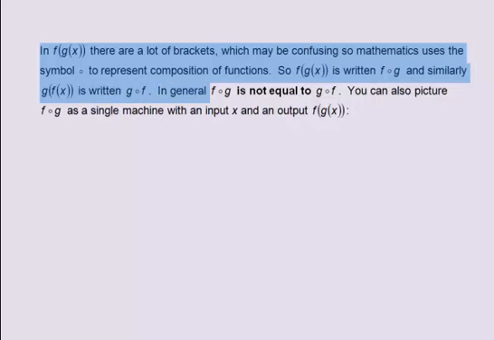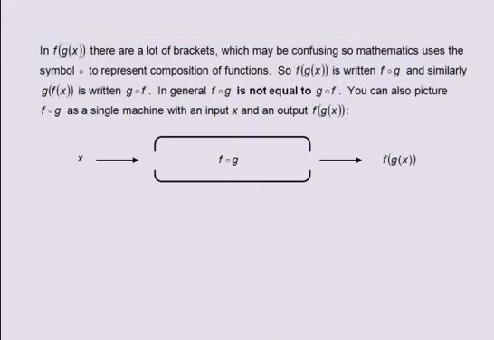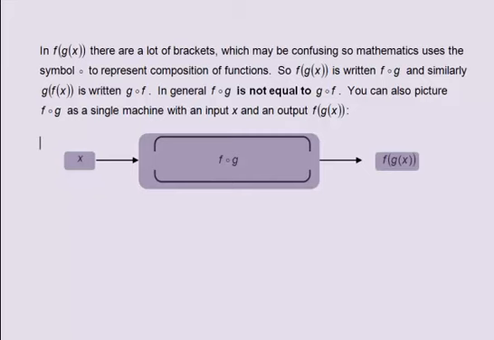In general, f circle g is not equal to g circle f. You can also picture f circle g as a machine with an input x and an output f of g of x, like this. Input x, machine f circle g, output f of g of x.